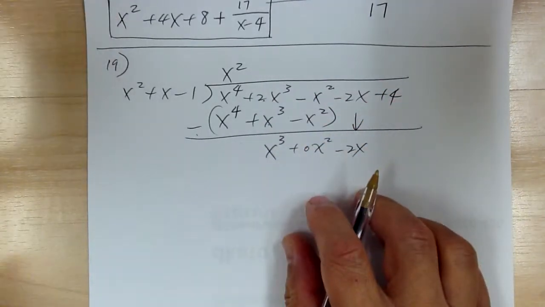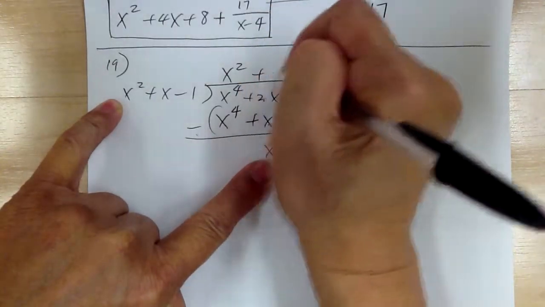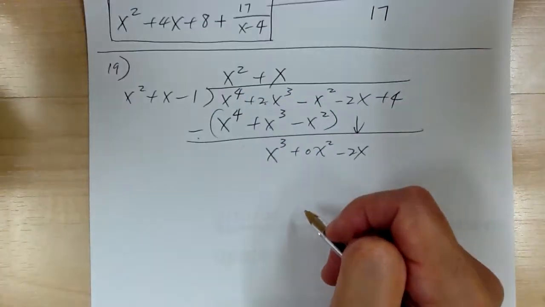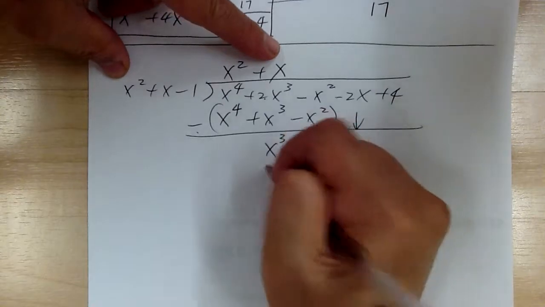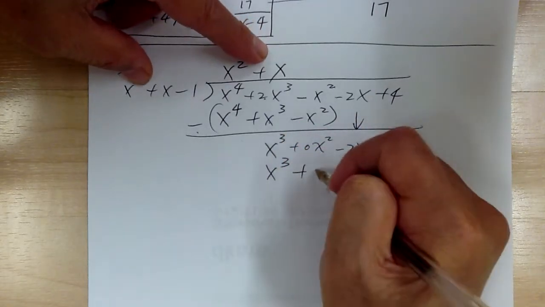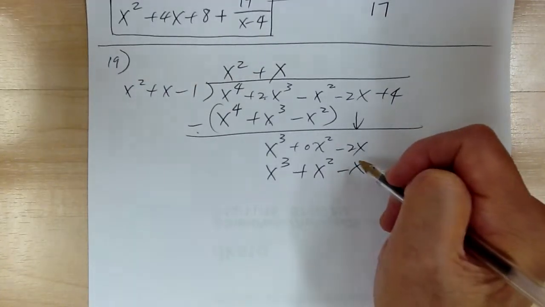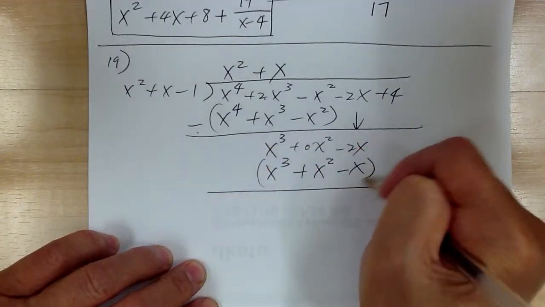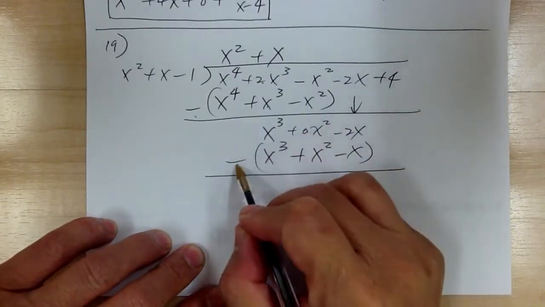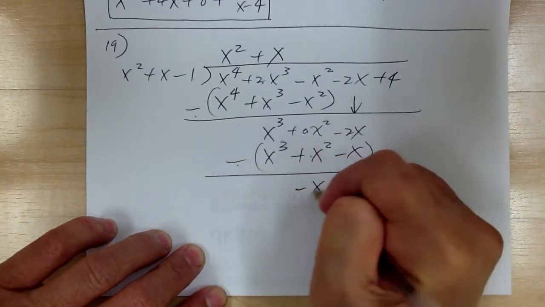Okay. So now you look at the next one. You need to multiply by x, right? So when you multiply, you're going to get x to the 3 plus x squared minus x. In parentheses, subtract. So 0 minus 1 will give you negative 1.